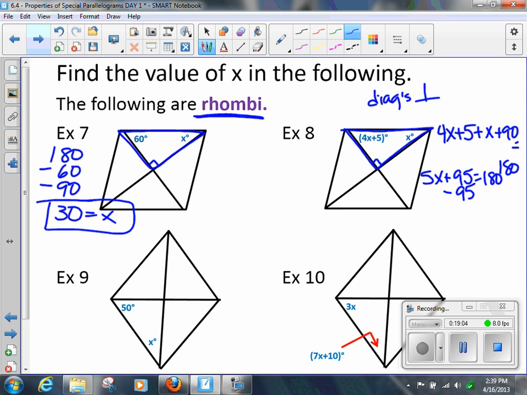Subtract 95. Is that 85? Yep. And when we divide 85 by 5, what do we get? 17. Easy or difficult? Please do this work. Please pay attention.